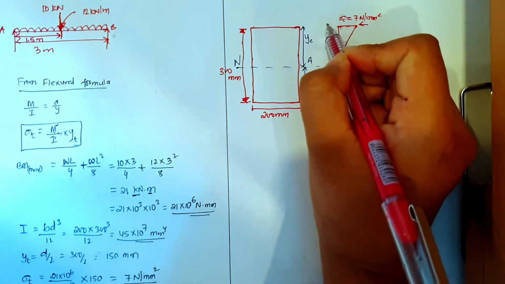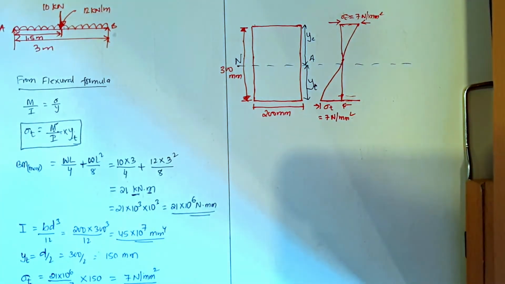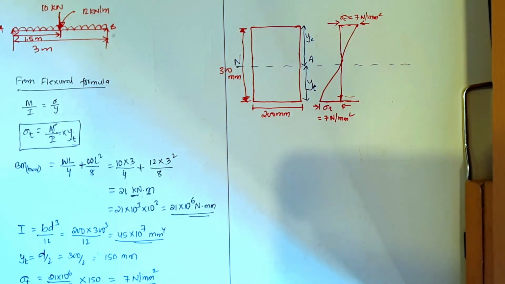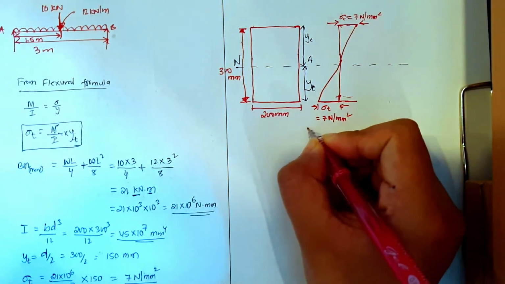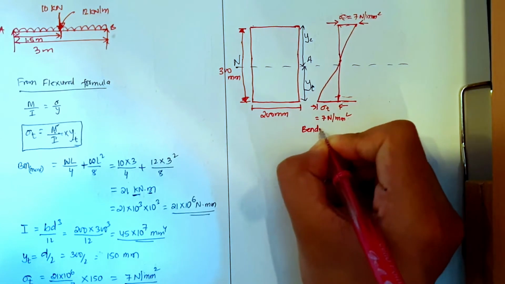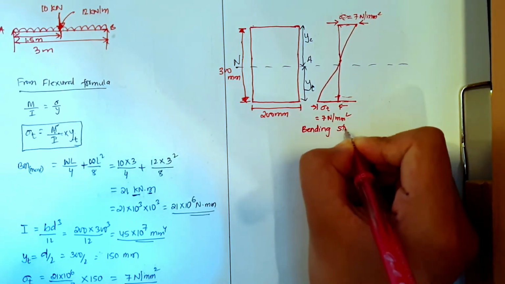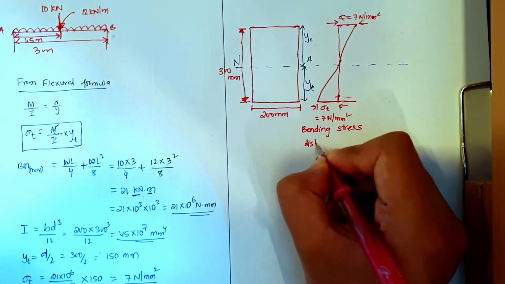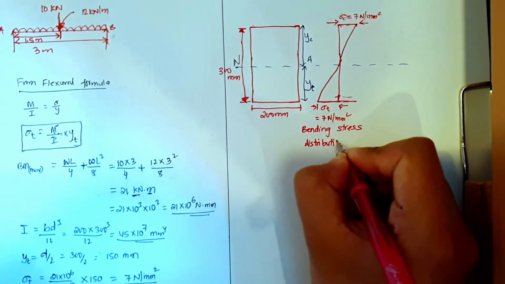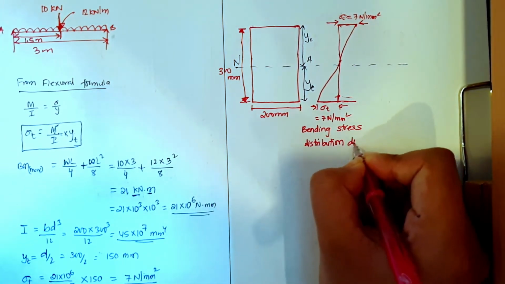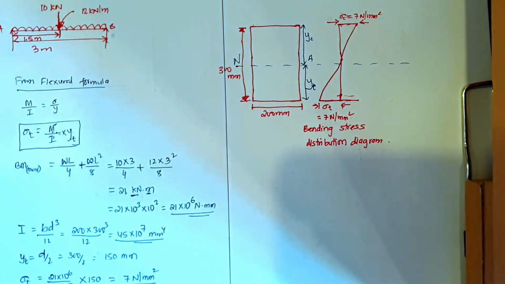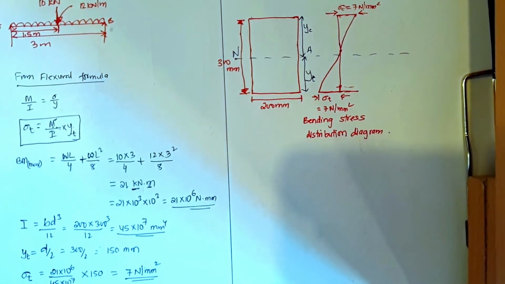Okay, so this is the bending stress distribution diagram. So I hope this numerical is clear.